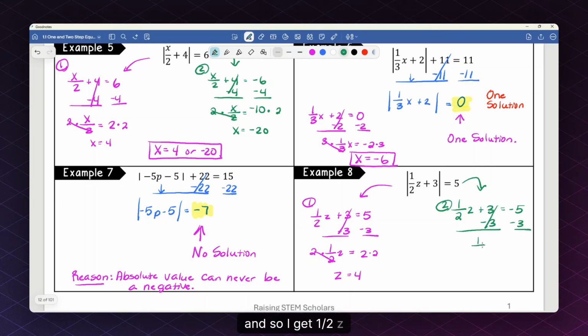And so I get 1/2 z equals negative 8. I'm going to multiply by 2 to get rid of that denominator. And so I get z is negative 16. So my two answers on this one, we have 4 or negative 16.